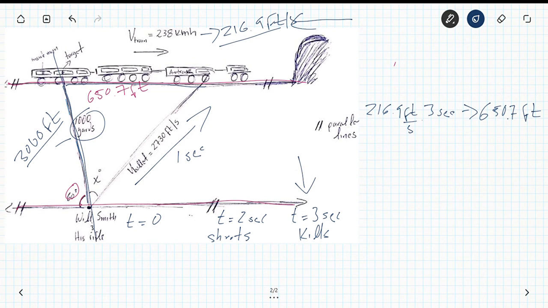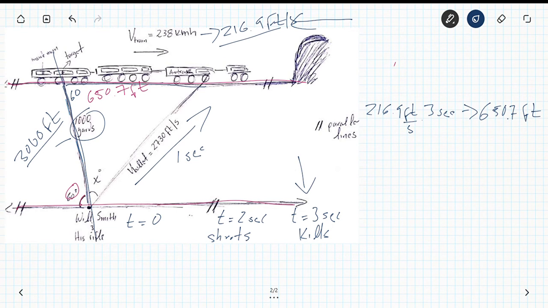So if you have two parallel lines and a transversal, we also know that the angle right here inside this triangle is going to be 60. Now that is a recall to geometry, so please refer back to that material if you are unsure as to how I reached that conclusion.